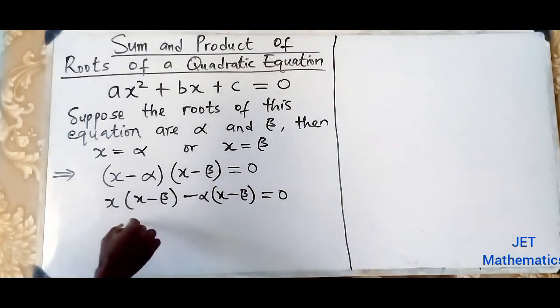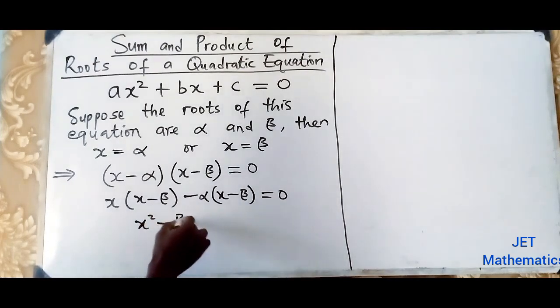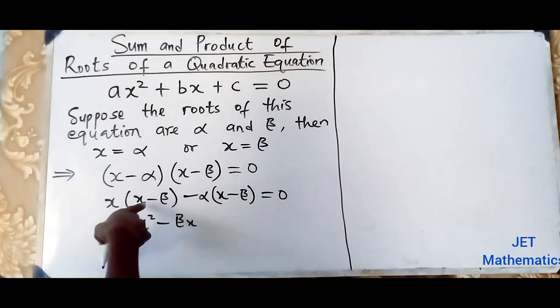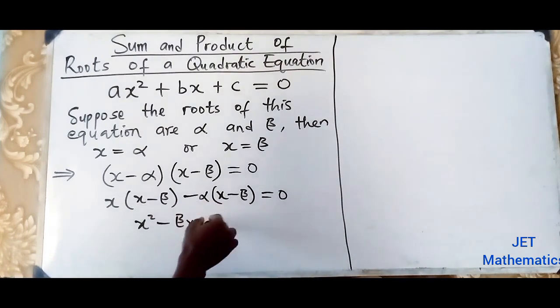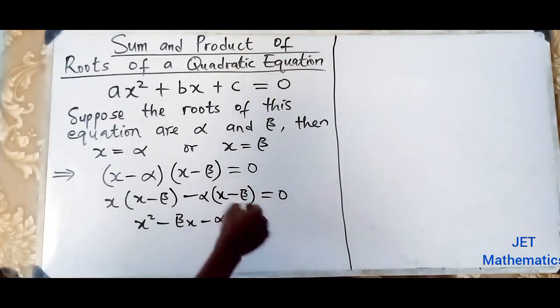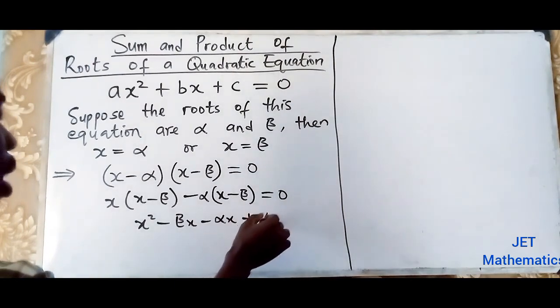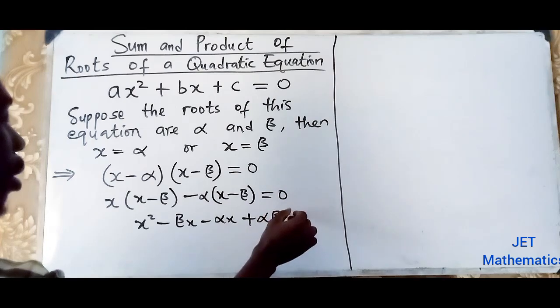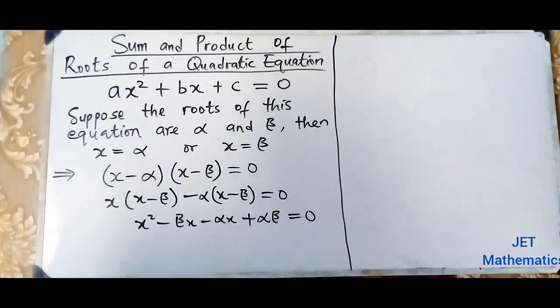So x times x gives me x squared, x times minus beta gives me minus beta x, minus alpha times x gives me minus alpha x, and minus alpha times minus beta gives me plus alpha beta, all equal to 0.